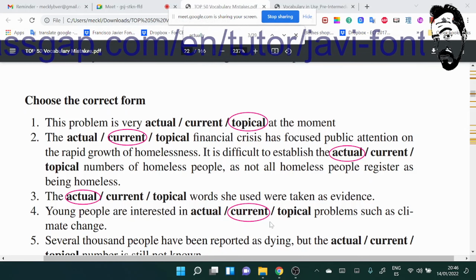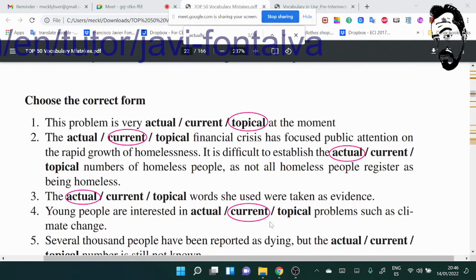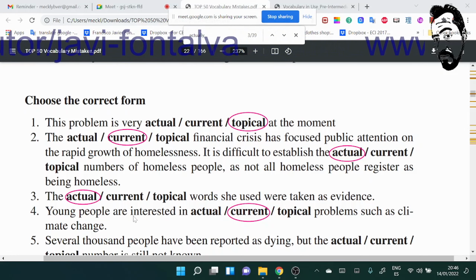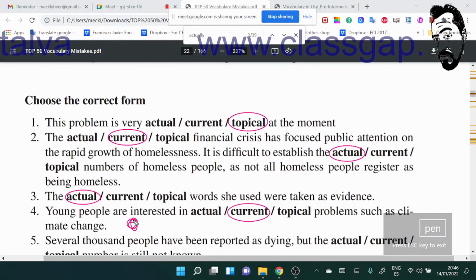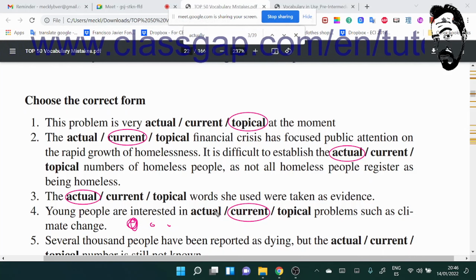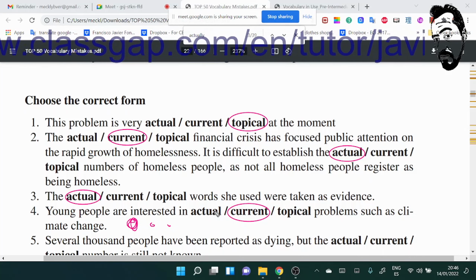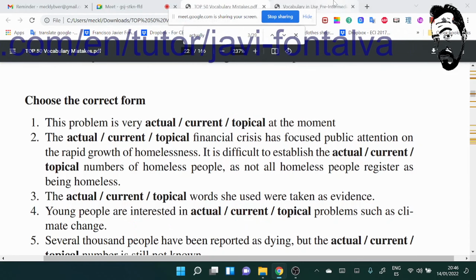My current job. My current home. Yeah? Now. Yeah? This one here, we say interested. 3 syllables, okay? Interested. Perfect. Interested. Okay.